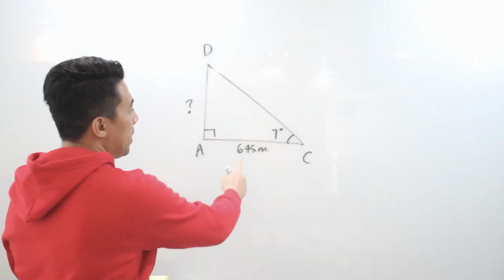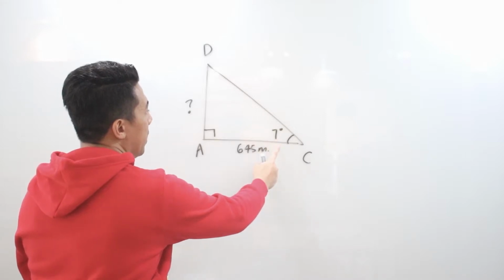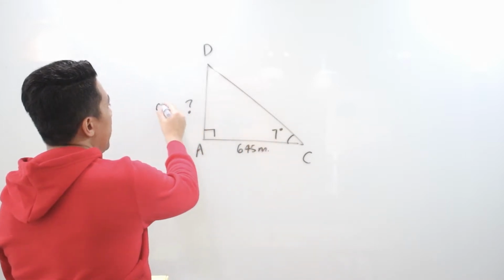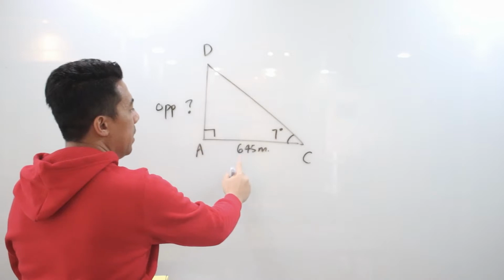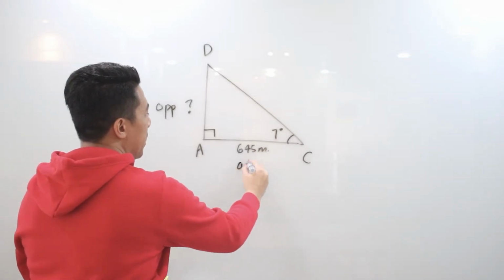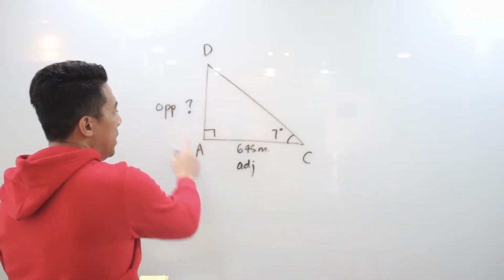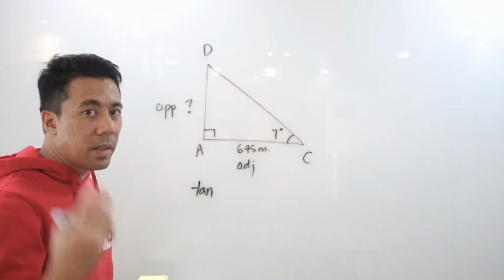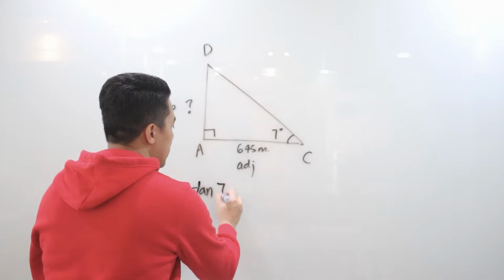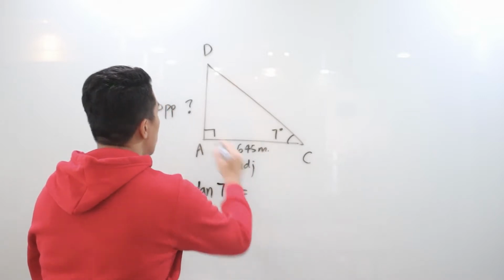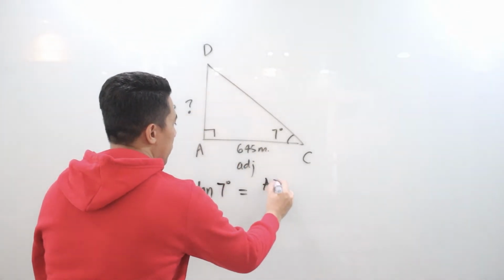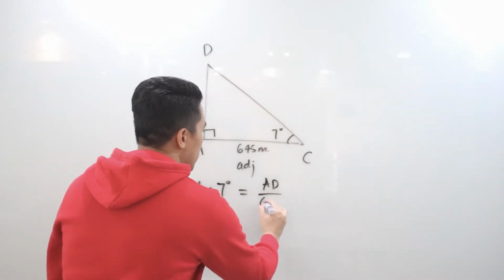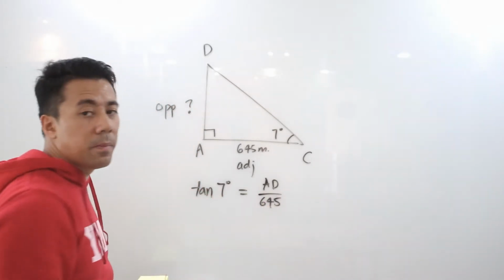And in this case, since I know that this angle is 7 degrees, AD will be the opposite and this side AC will be the adjacent. Opposite and adjacent, therefore we will use the trigo function tangent. So tangent 7 degrees is equal to opposite, which is AD, over 645 meters.